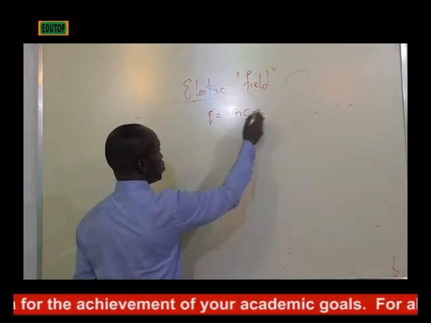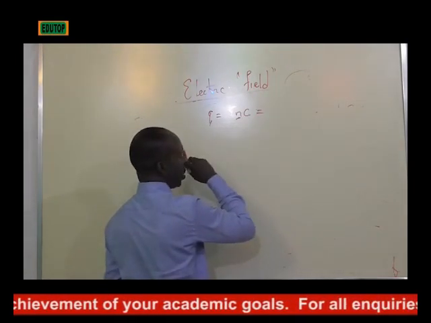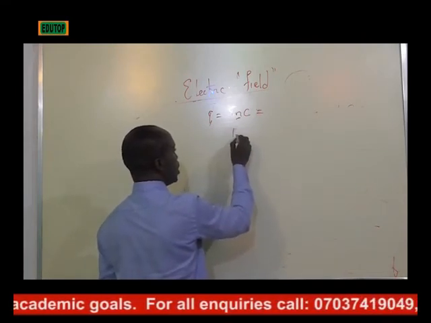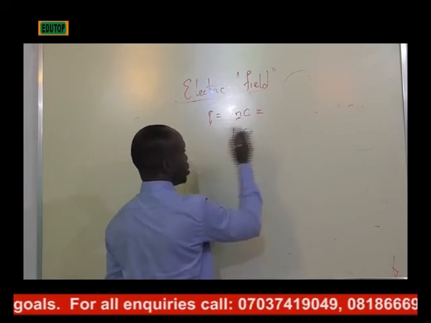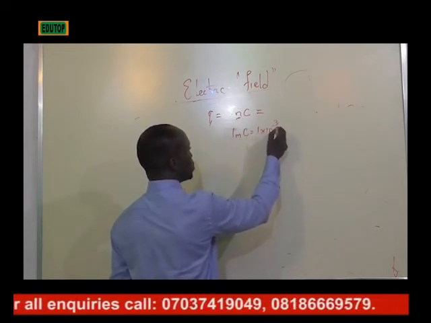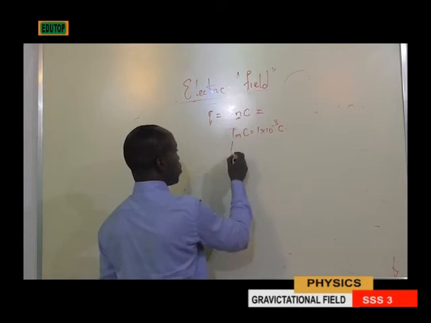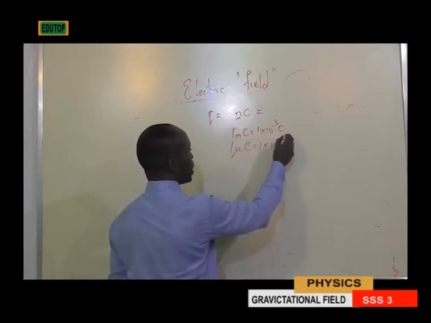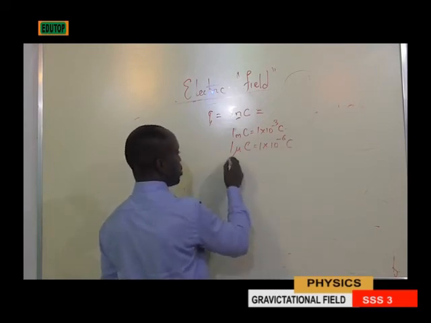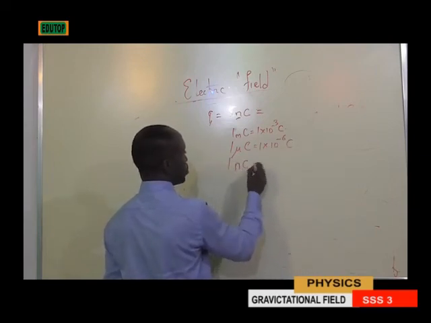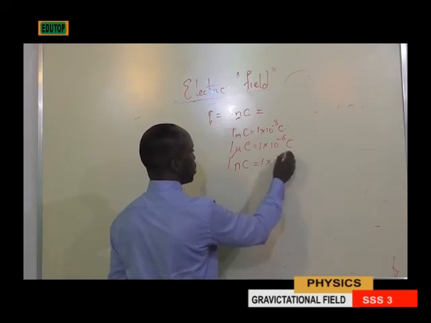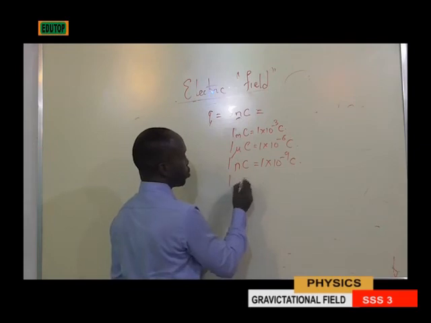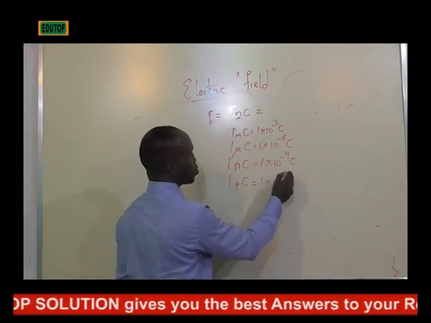In physics, you need to know these notations. 1 millicoulomb is 1 times 10 to the power minus 3 coulomb. 1 microcoulomb means 1 times 10 to the power minus 6 coulomb. 1 nanocoulomb means 1 times 10 to the power minus 9 coulomb. 1 picocoulomb is 1 times 10 to the power minus 12 coulomb.